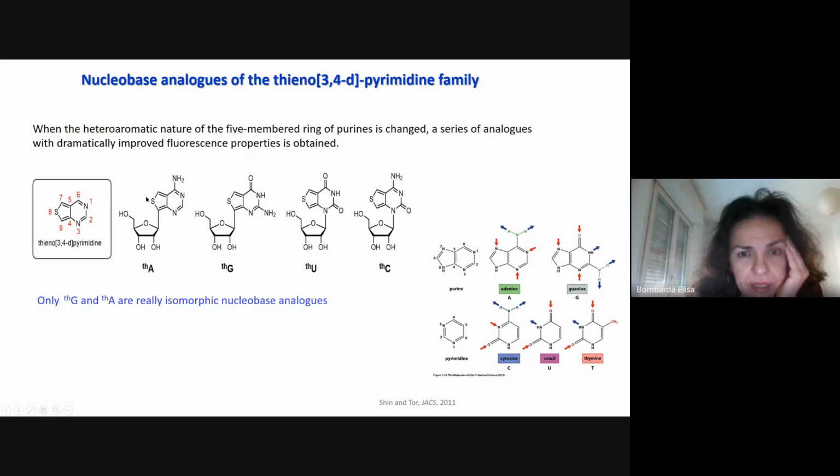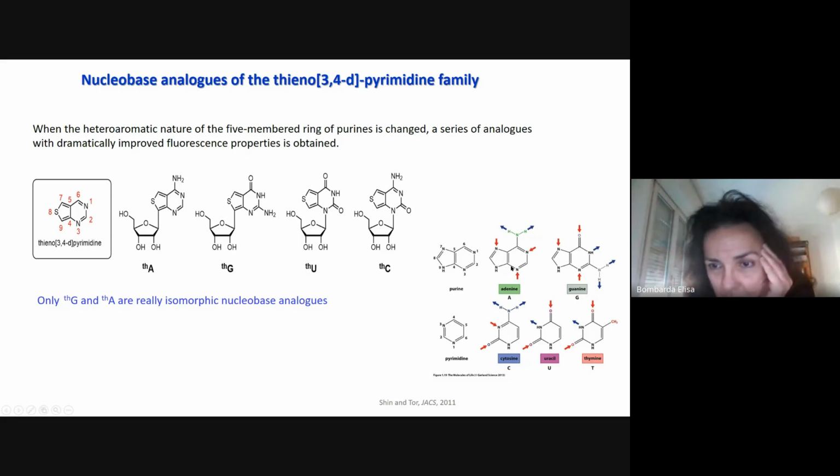And several have been synthesized, but only the thienoguanosine and the thienoadenine are really isomorphic. As you see, those are the two that are closer to the natural adenine and guanine.